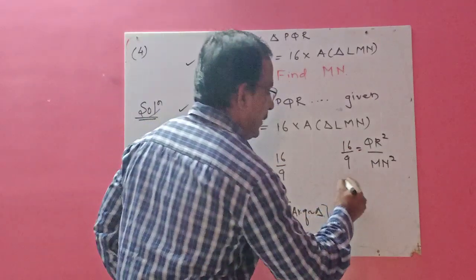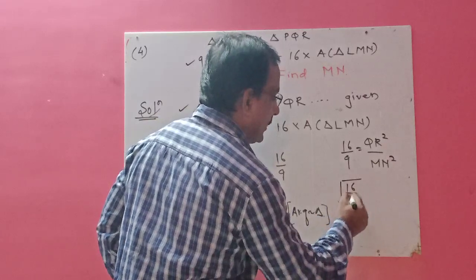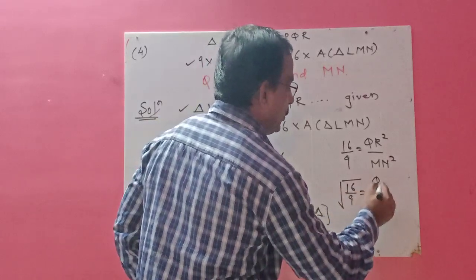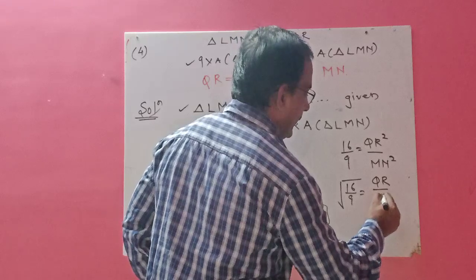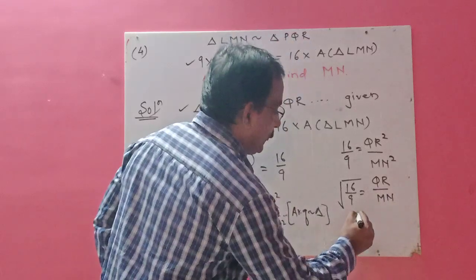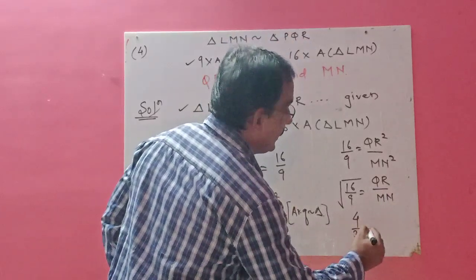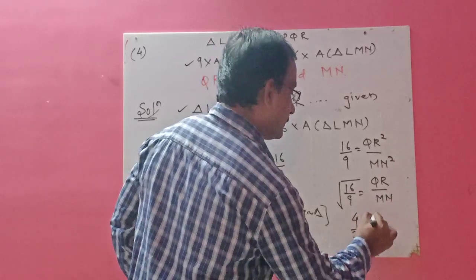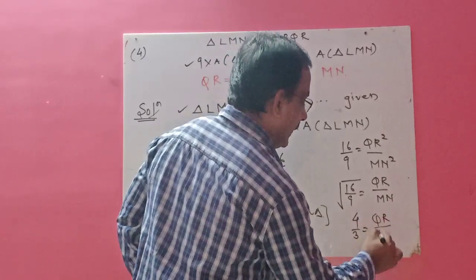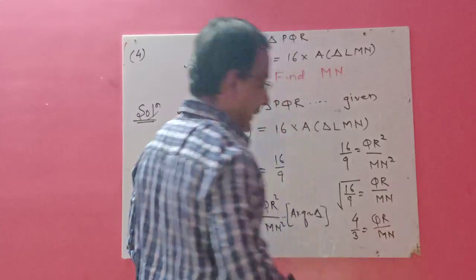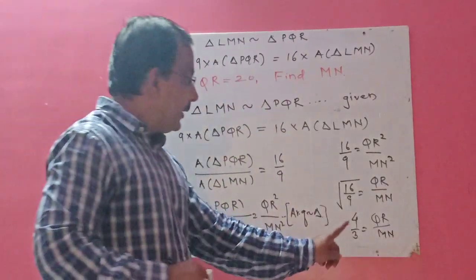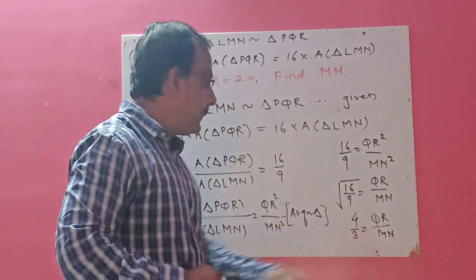So if you will take square root of this, 16 upon 9, it is equal to QR upon MN, which is equal to 4 upon 3. Clear? Now 4 upon 3 equal to QR upon MN.